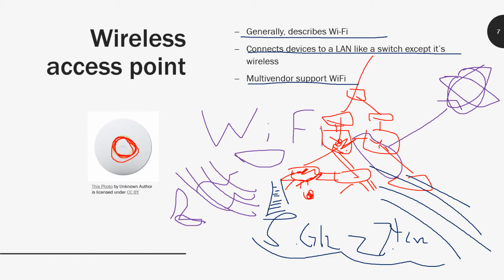It has multi-vendor support, so Wi-Fi will work. If you have a Ubiquiti wireless access point, it's going to work with a Cisco switch, and so on and so on. We have protocols that help these devices connect, and these are network protocols.